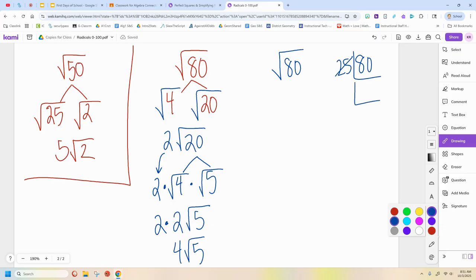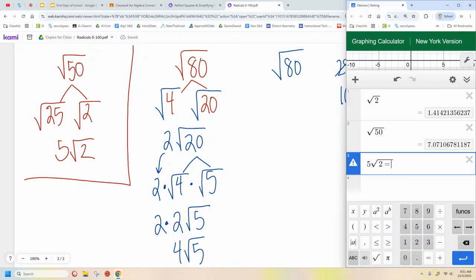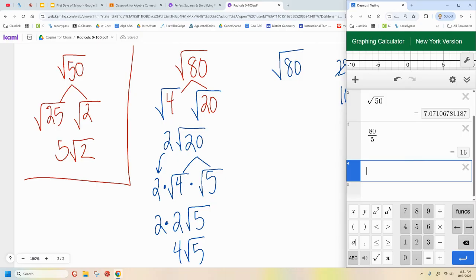I'm going to do 80 divided by 16. And guess what? When I do 80 divided by 16, I get 5 right away.